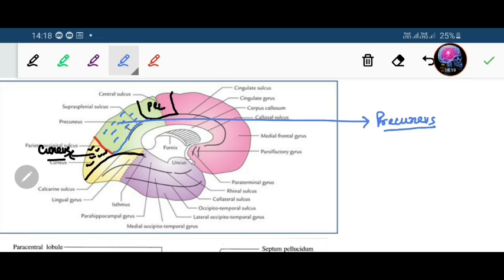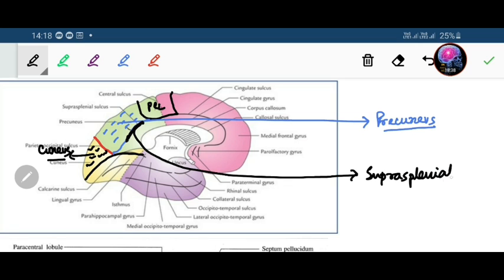It is called suprasplenial sulcus. This lies a little above and parallel to the splenium.